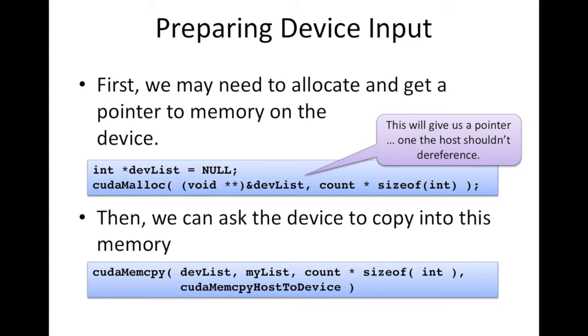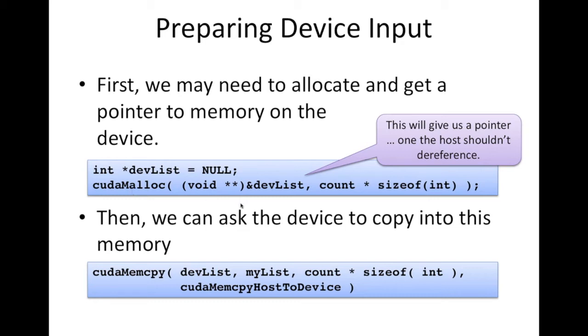So that sounds a lot like a job for malloc, and there's a version of malloc for Cuda. So the malloc that you already know works fine if you just want host memory. But if you want to ask for memory that's allocated on the device, this is what you're going to need to call.